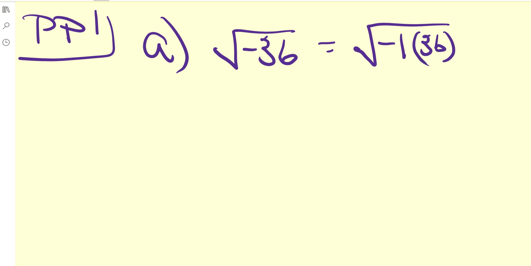Looking at it this way, the square root of negative 1 is i, so the i comes out. Then what I have left is the square root of 36, which is 6. So I'm going to write this as 6i. Try not to write it as i6. The coefficient of i would be 6 in this case. So that would be the solution to this problem.